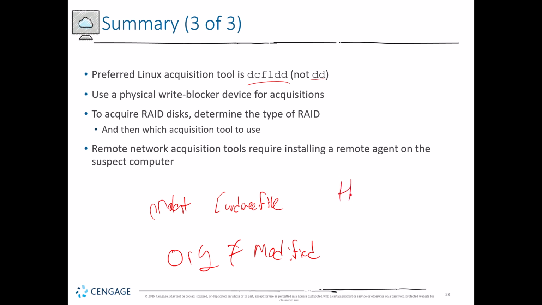You want to hash the source, and when you do your clone, compare the hashes from the original and the clone. They should match. If they match, you're good to work off the clone. And again, always have more than one clone just in case.